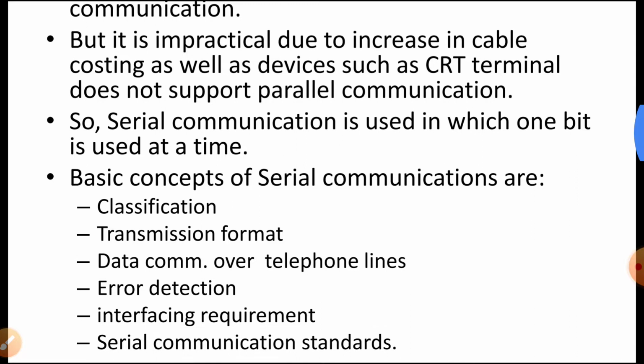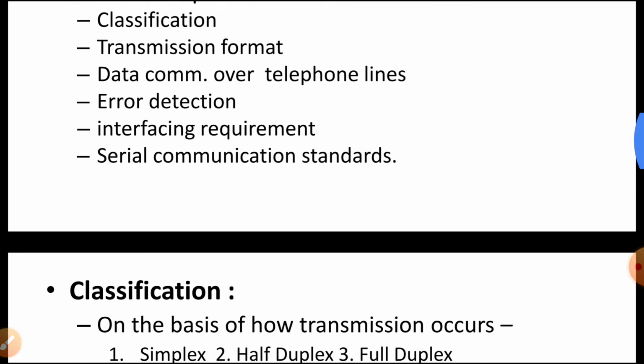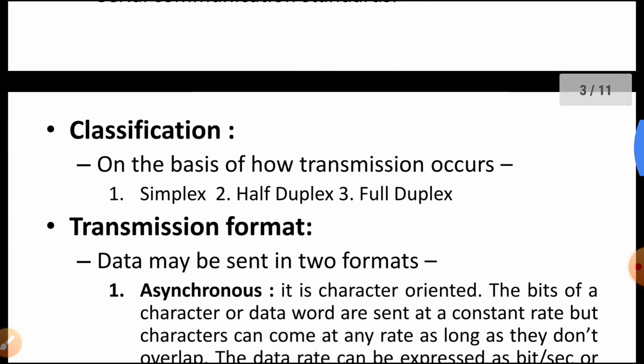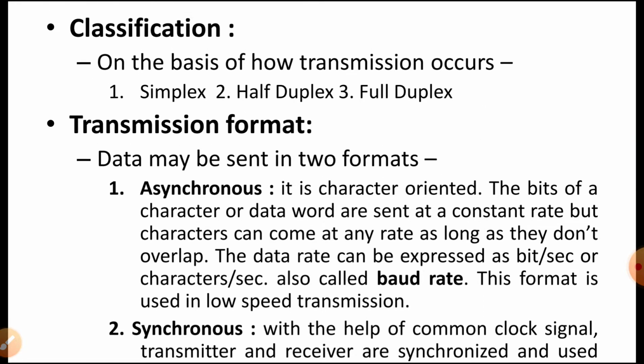As far as the basic concept of serial communication is concerned, it depends upon its classification, the way it is being transmitted, as well as the different devices required for the interfacing. On the basis of how the transmission is done, it is classified into three: simplex mode, half duplex mode, and full duplex mode.